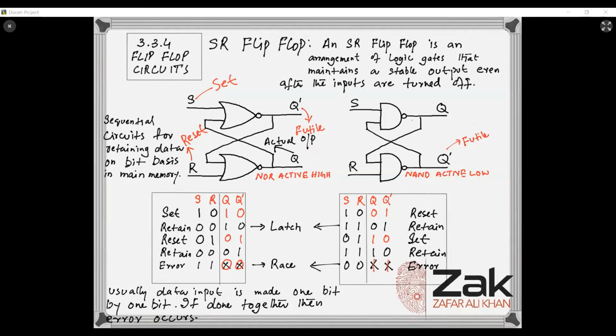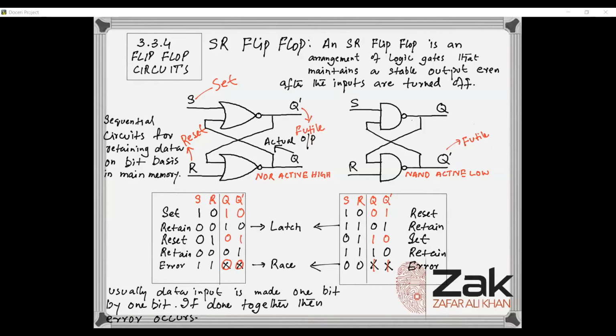So, if you want to set, the term set is used for this NOR-based flip-flop to have one trapped or stored in one bit. So if you want to set this SR flip-flop, you have to have 1 in it.